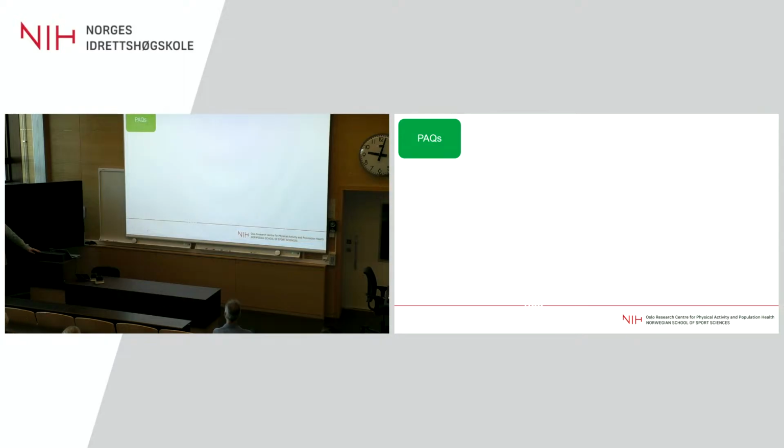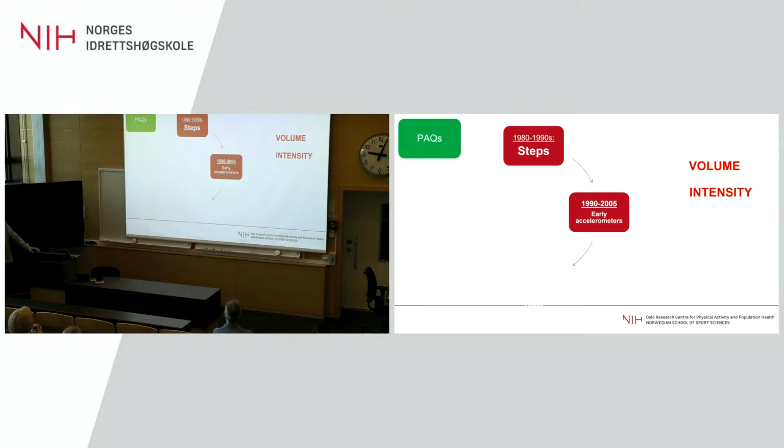As you all know, our entire field started with questionnaires. Then came the pedometers, a measure of steps, like a measure of volume, with strengths and limitations. Then came the accelerometers, which gave us an estimate of intensity. Then came the widespread use of accelerometers and the start of some population surveillance initiatives.